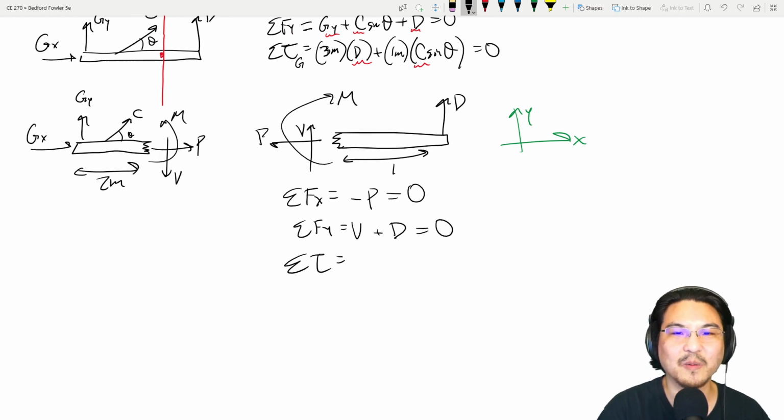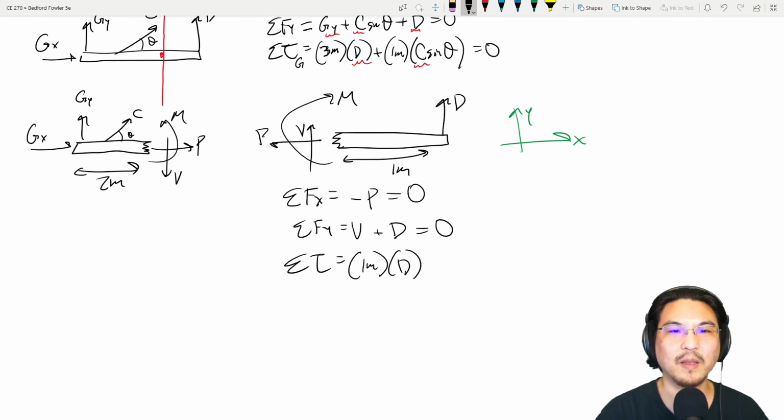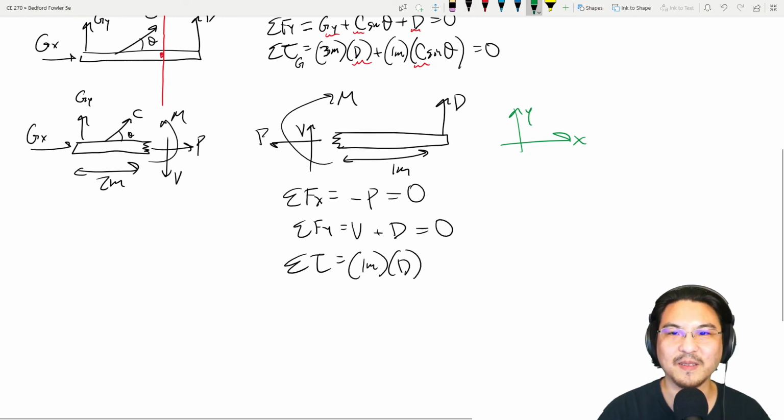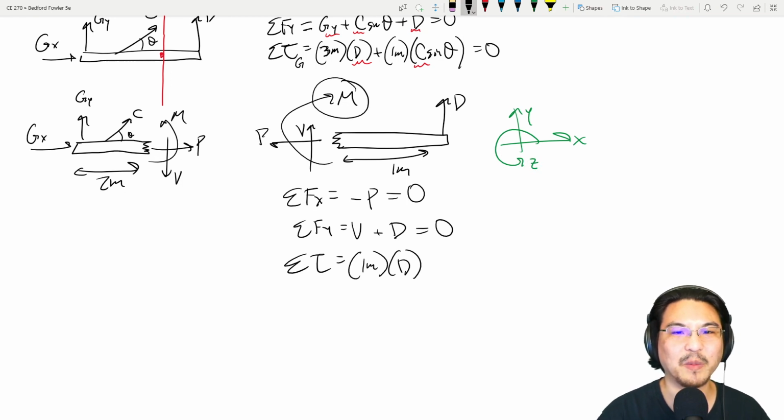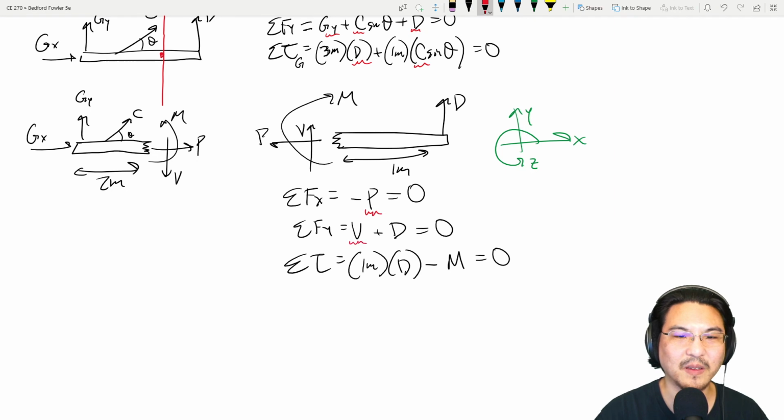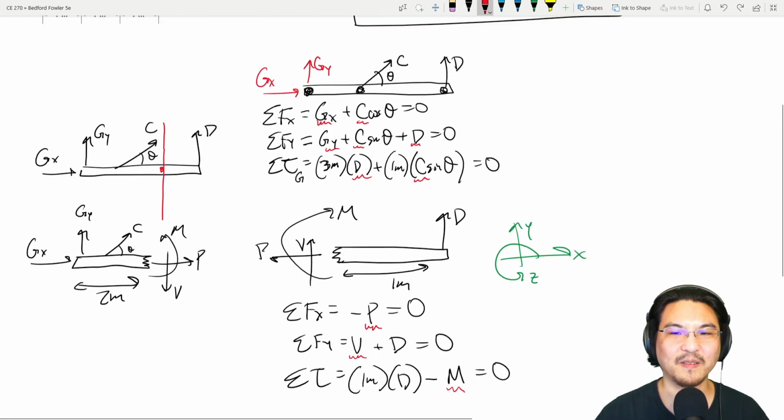Here to here is 1 meter. Okay, so 1 meter times D. And then, again, z is this way, the way I pick my coordinates. So that would be in the negative z direction. And there you go, right? Let me point out the unknowns here, here, here. Right? Solve for the axial force, solve for shear, solve for bending moment. Done. Okay?